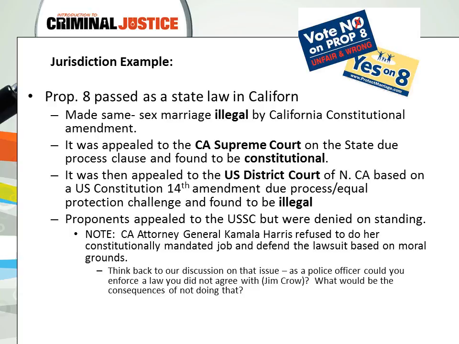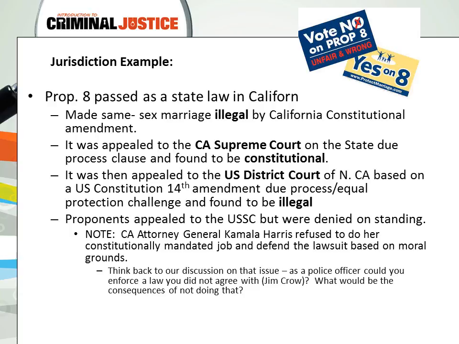The person that should appeal the state law would have been the California Attorney General, Kamala Harris at the time, and she's still our Attorney General. Basically, she refused to do her job and defend the decisions of the people of the state of California, and she justified her defense based on moral grounds. And we talked about this 2 chapters ago, and we talked about, as a law enforcement officer, would you be willing to enforce a law that you morally did not agree with, and what would be the consequences?